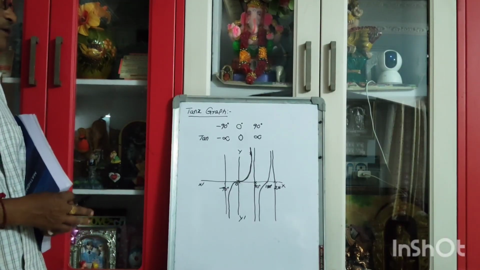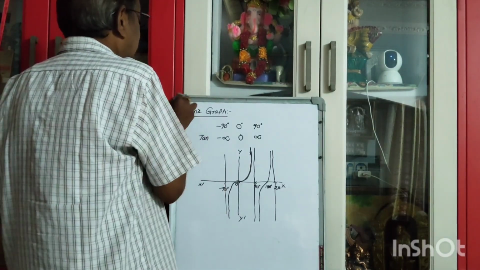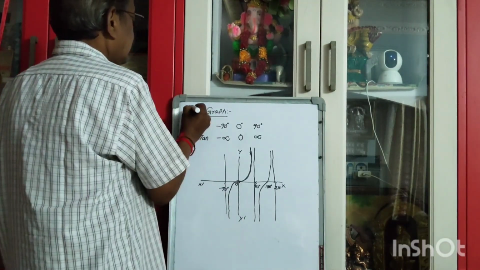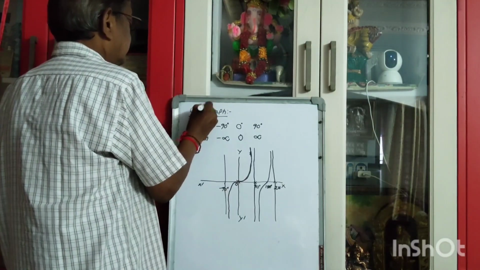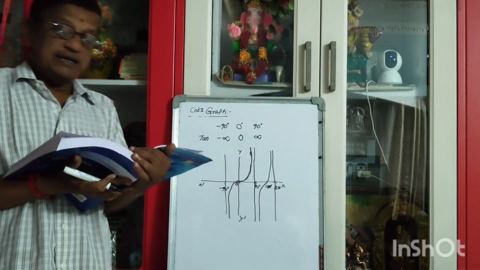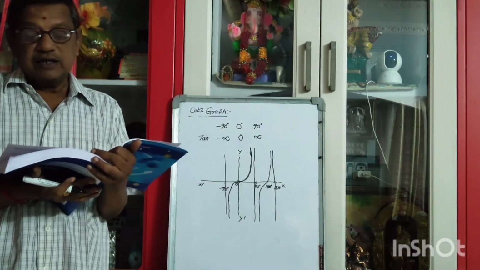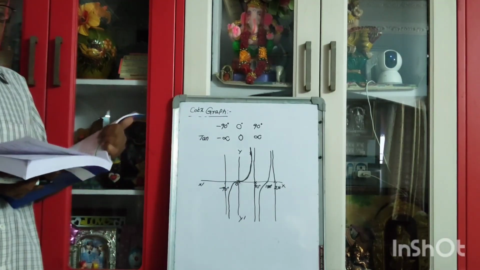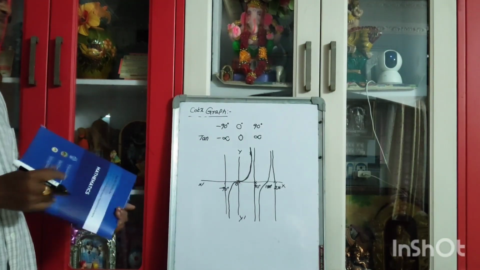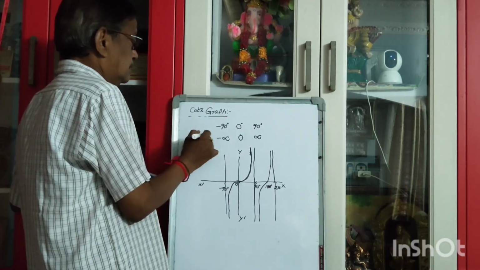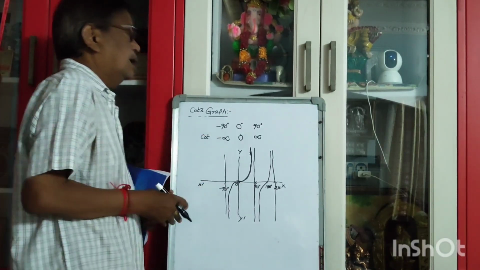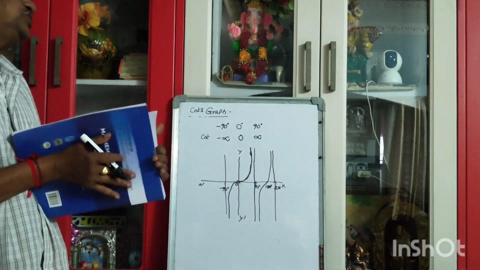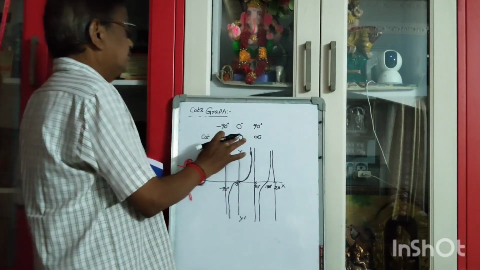In the same model we will discuss about the cot x graph. Cot x, you consider up to 180. What is the value of cot 0? Infinity.